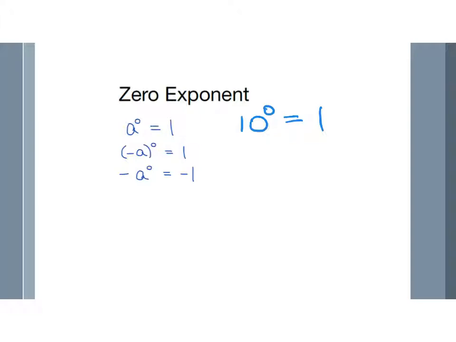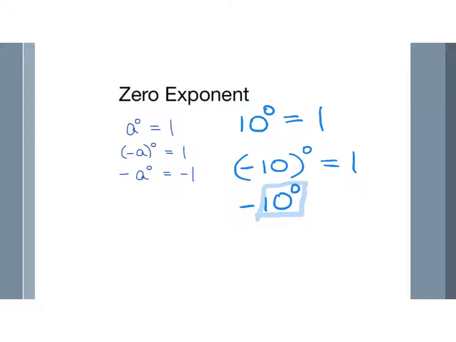Now, if I have a -10 and it's in parentheses, what I'm doing here is raising that whole -10 to the 0 power, and my answer is 1. However, if I do not have parentheses around the -10, then this 0 power is only on the 10.